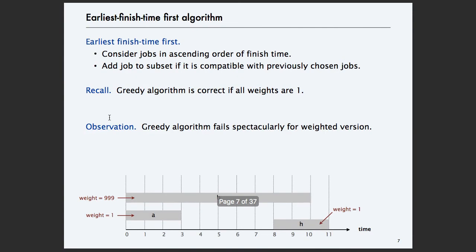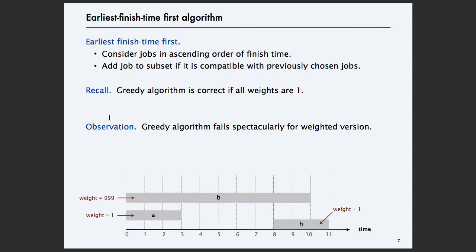So what can I do to make it better? Consider the jobs in ascending order of finish time, as the greedy algorithm did, right?